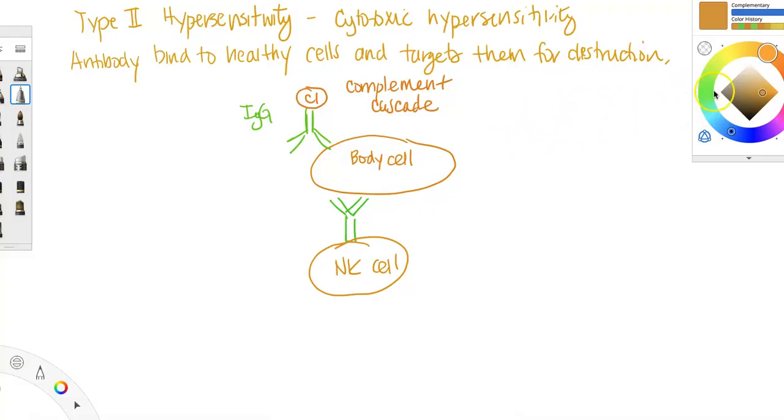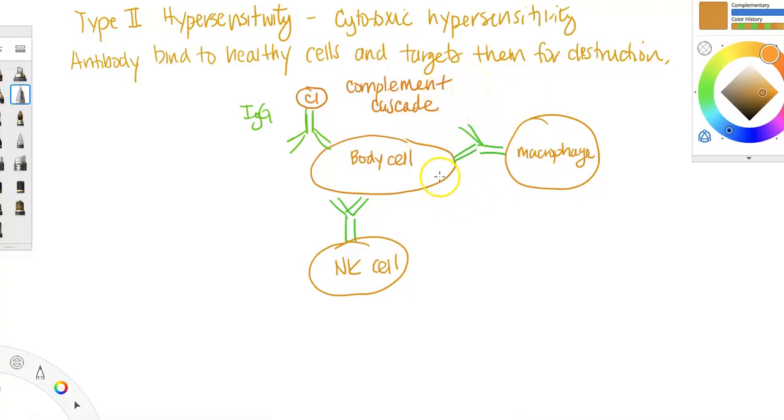It will also do that with macrophages. So these are basically the mechanisms.